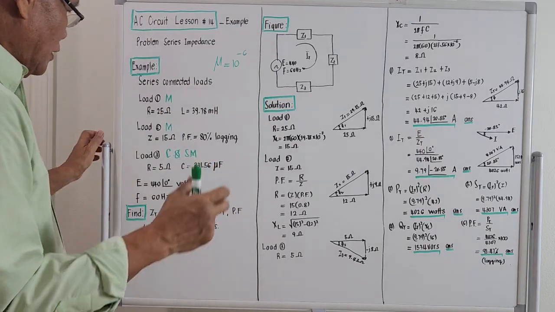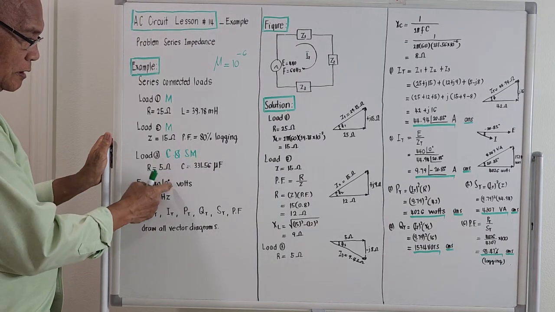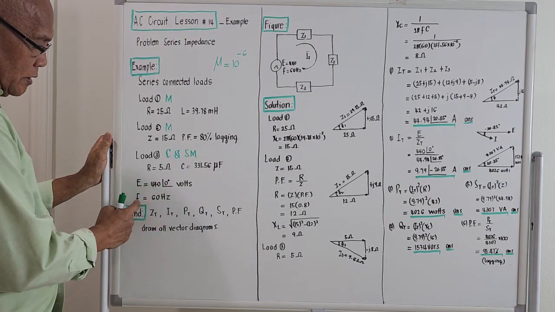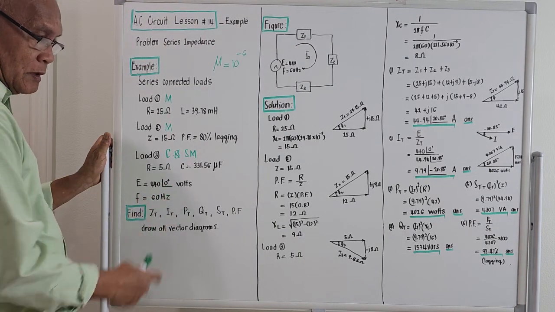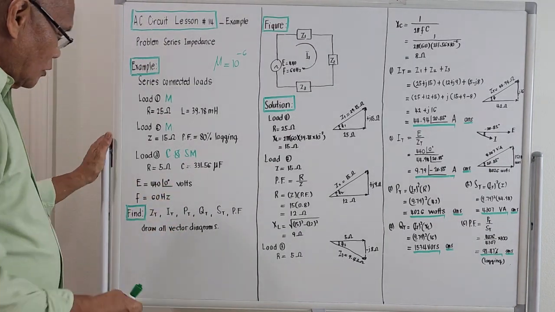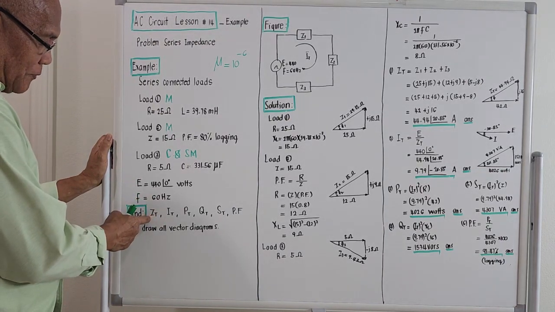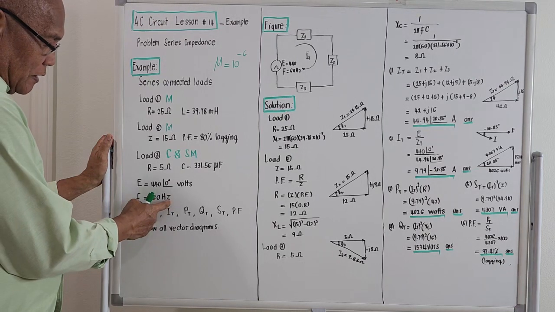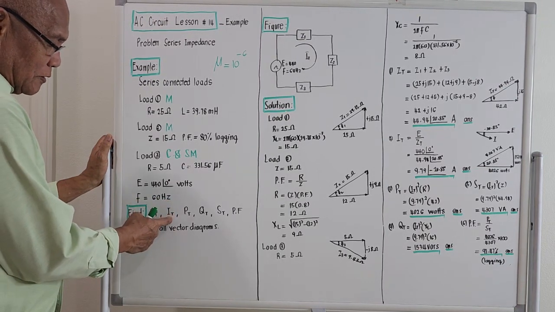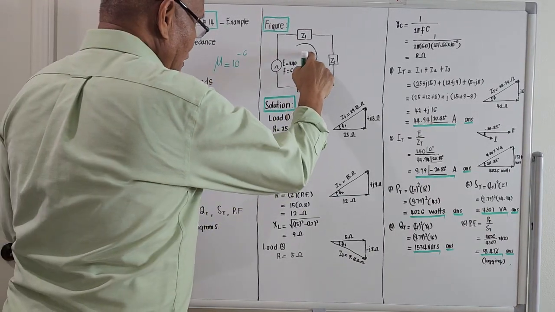The source voltage is 440 volts, angle 0 degrees, and the frequency is 60 hertz. The problem is asking for the value of capital Z with subscript T, meaning total impedance. Capital I with subscript T, meaning the total current.